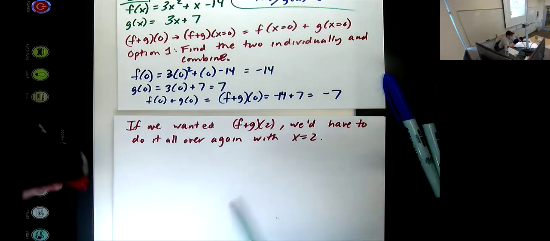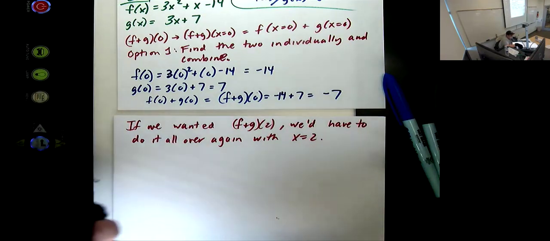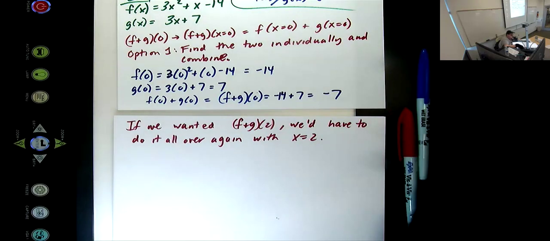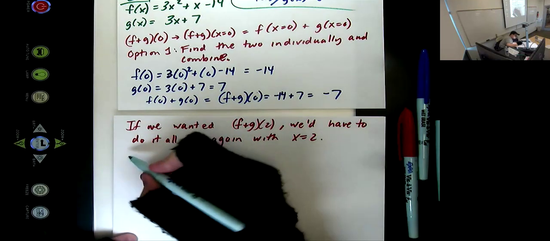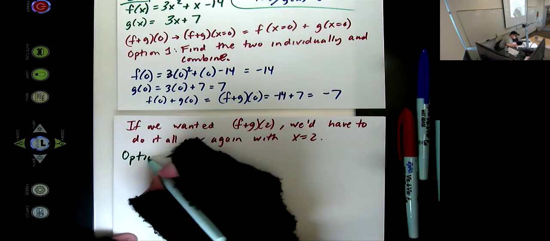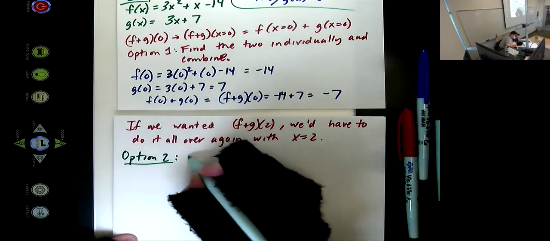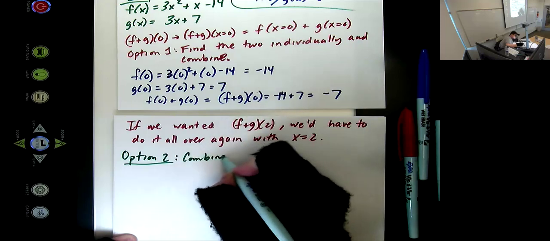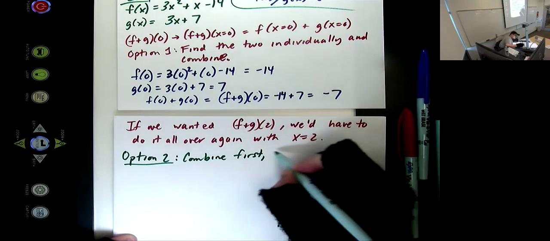So that's where option 2 comes in. Option 2 is combine them first, then evaluate.